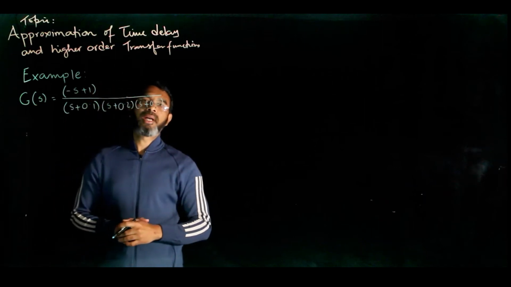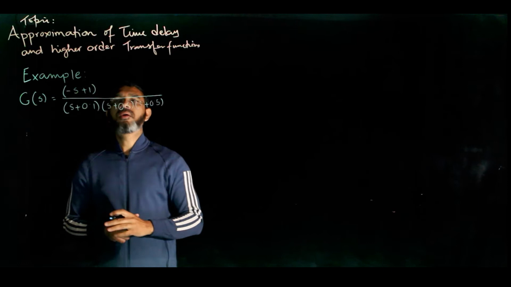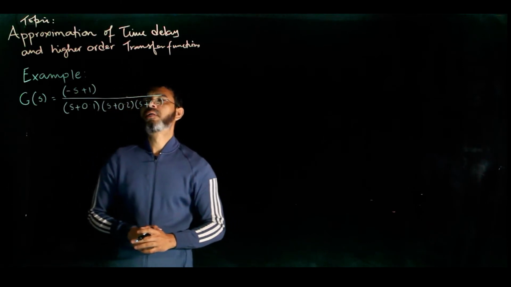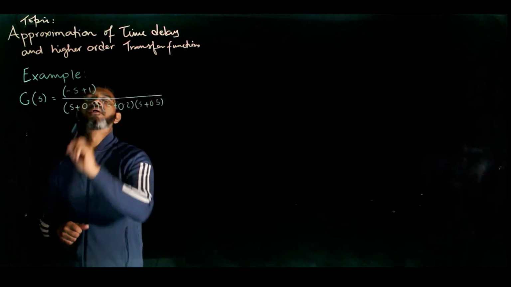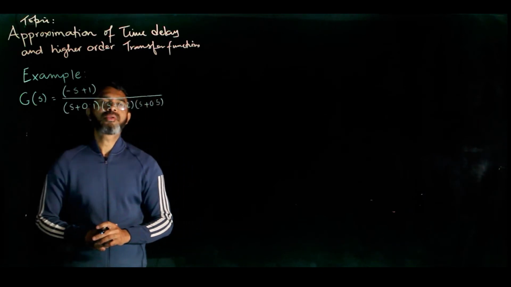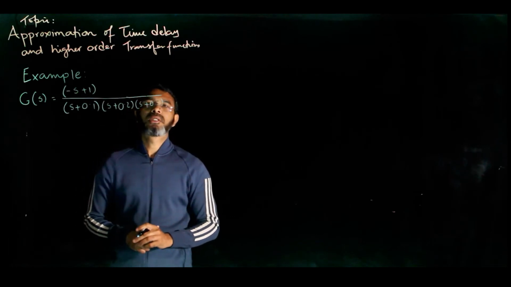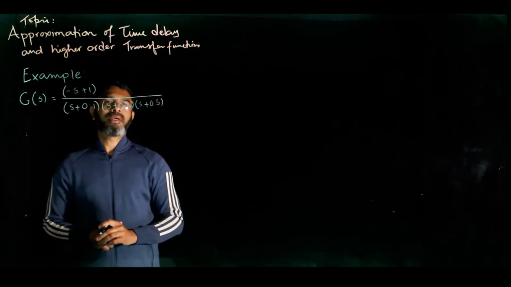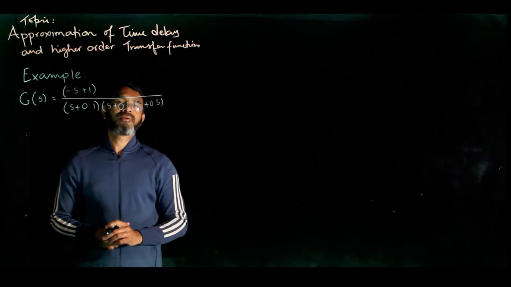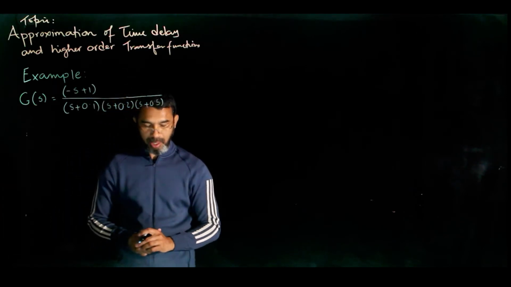So let's look at an example where a higher order model is given as G(s) having one zero and three poles, and we are asked to find a transfer function having the structure of a first order plus time delay model.